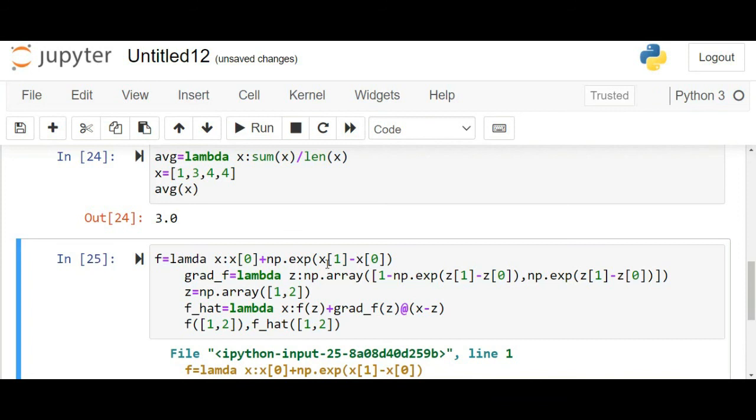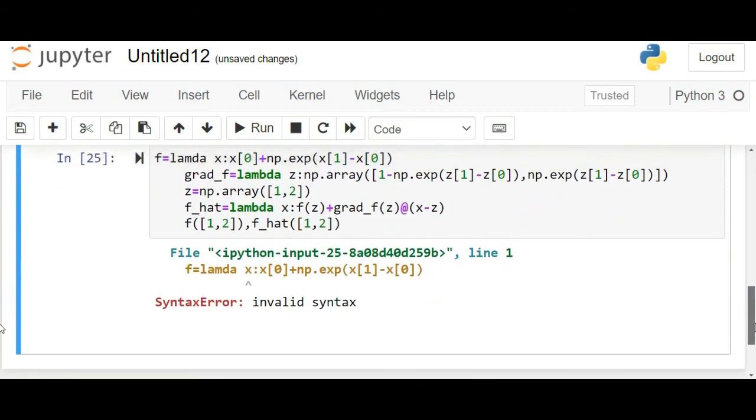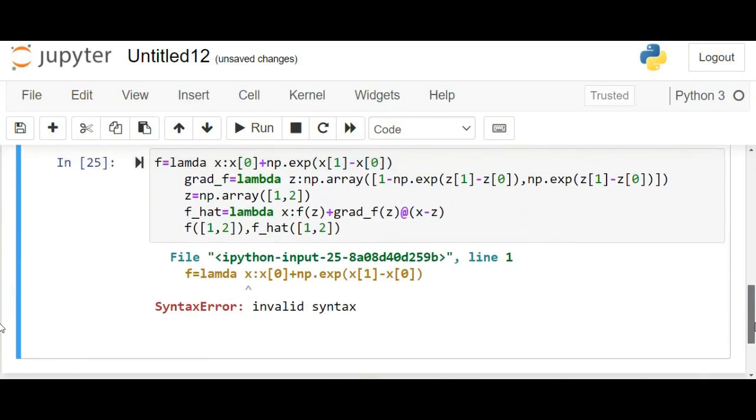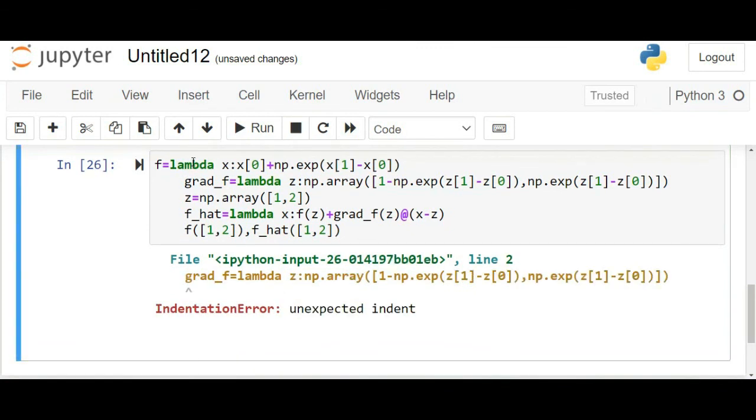The problem is in line 1, invalid syntax. F is equal to lambda, check the spelling of lambda. Control and Z again. The problem is in line 2.